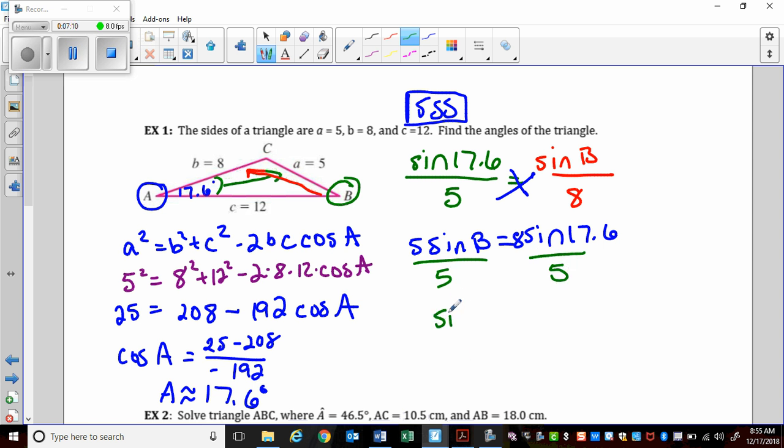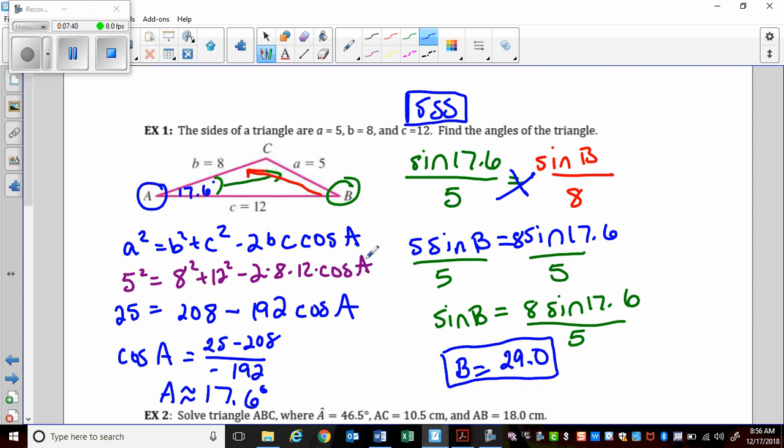And I have sine of B equals 8 sine of 17.6 over 5. Plug it in your calculator exactly like this. We're going to take the sine inverse. So we have sine of B. When we do the sine inverse of both sides and we plug this in, then we're going to get B equals about 29.0-ish.